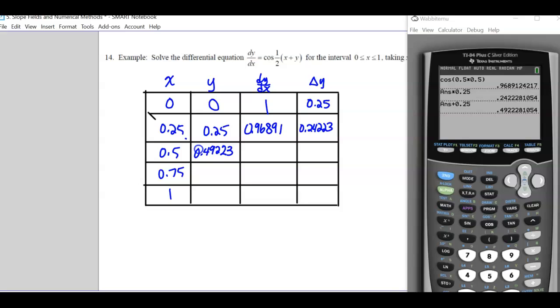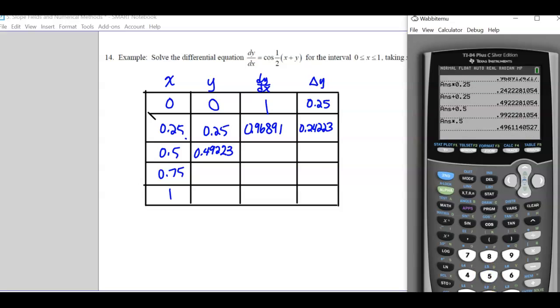Take that y, add on the x, then take the cos, and add on the 0.49.